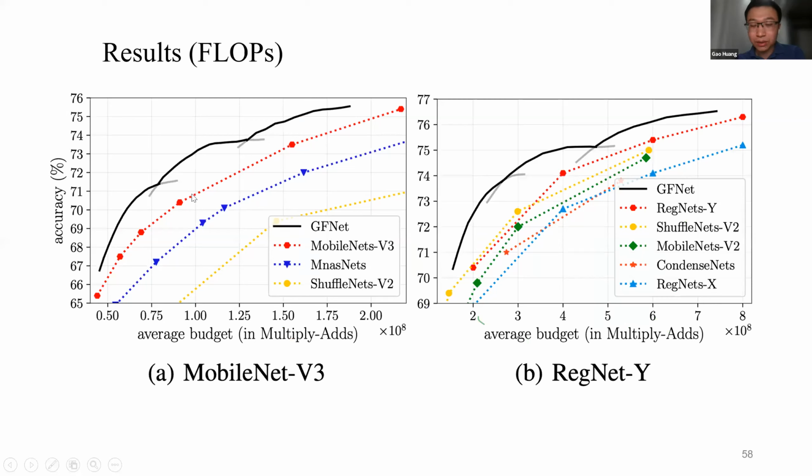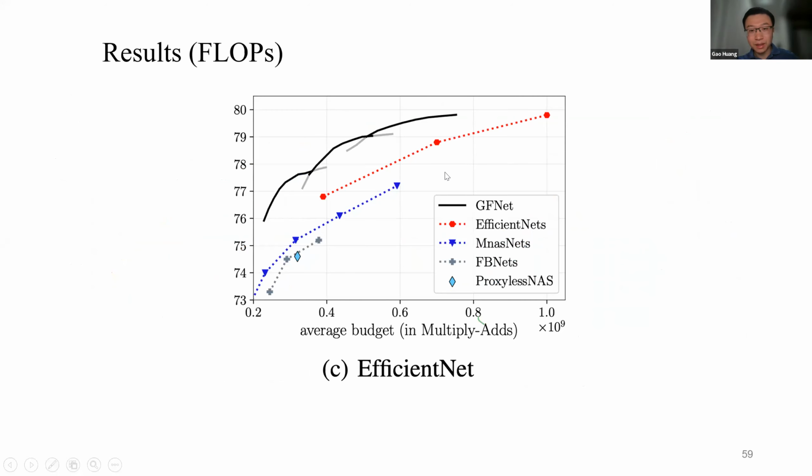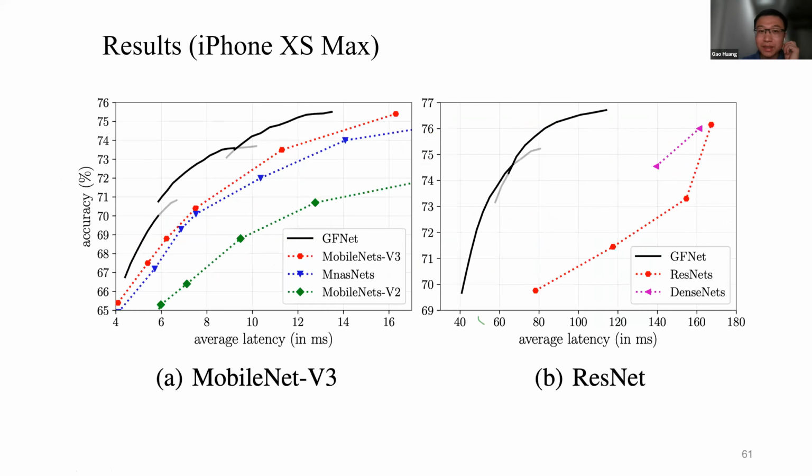We also get decent improvements upon RegNet, which was developed by Facebook last year, and significant improvement upon EfficientNet. As I mentioned, this system can achieve real speedup on real devices. We tested the model on an iPhone, and when we deploy MobileNet v3 as our backbone, we get speedup on this iPhone.